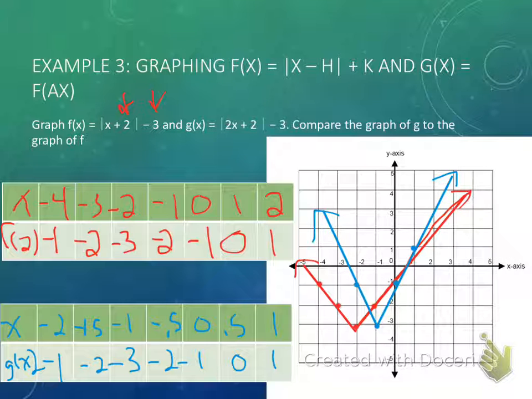Notice that my vertex now is going to be that -2, I'm sorry, not -2. But this graph has now just moved over 1, and it's skinnier than our original graph because it's really just taking that f of 2x at this point. It's putting in the 2x instead of the x.